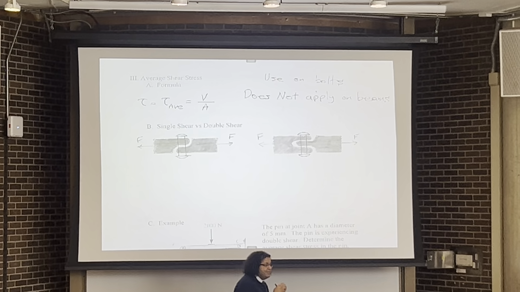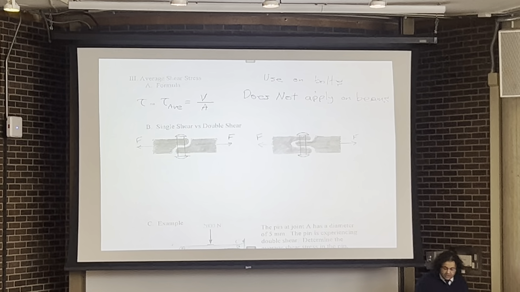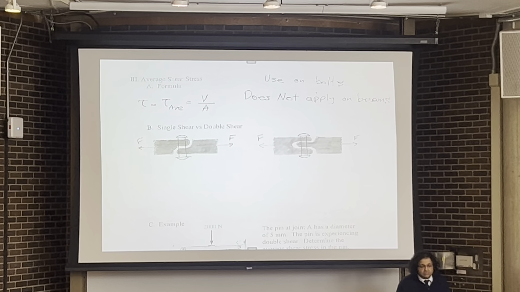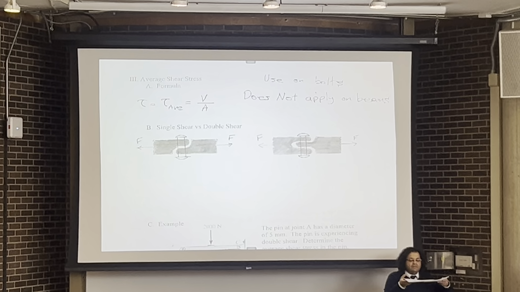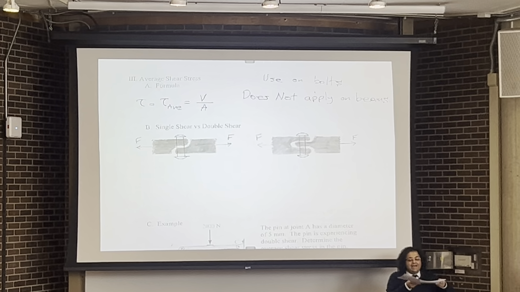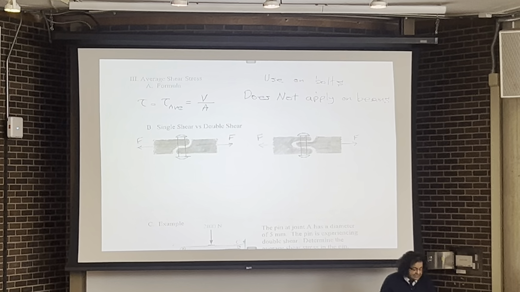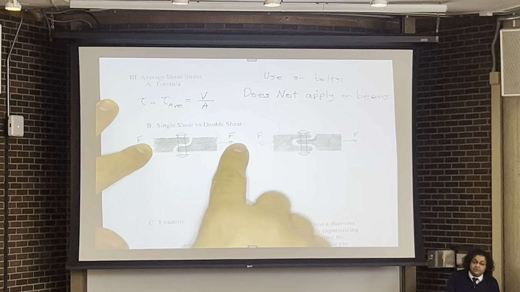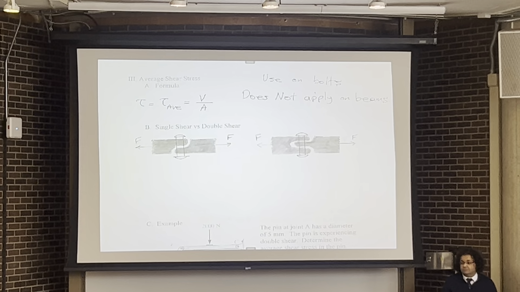We have lap joints. There are so many cases when we want to connect two plates together. For example, let's assume that I would like to connect this plate and this plate together, and if I use a bolt over here, I can connect these two plates together. Then, when the force is applied, the left member is under tension, the right member is under tension, but the bolt in the middle is going to be under shear.